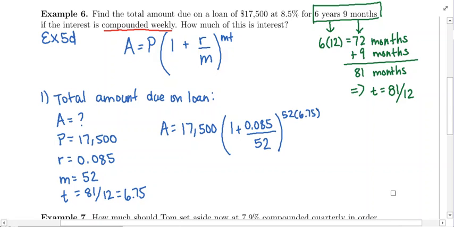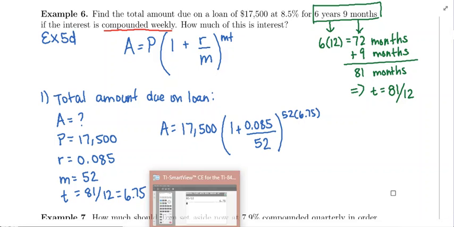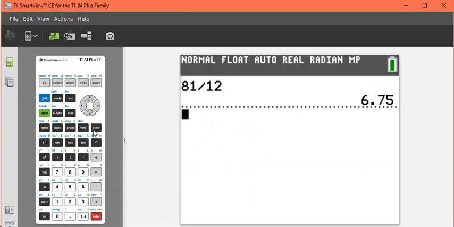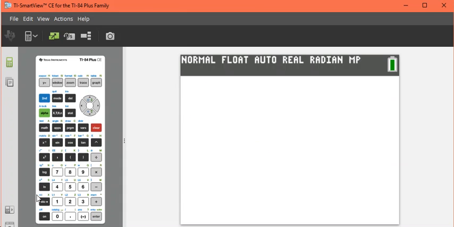All right, so let's go punch this into the calculator. You're going to punch it in exactly like you see it. Just make sure if you've got an older calculator that the entire exponent is in parentheses. Let's clear this out. I'm going to enter 17,500, open my parentheses, 1 plus 0.085 divided by 52, close the parentheses, raise it to the power.